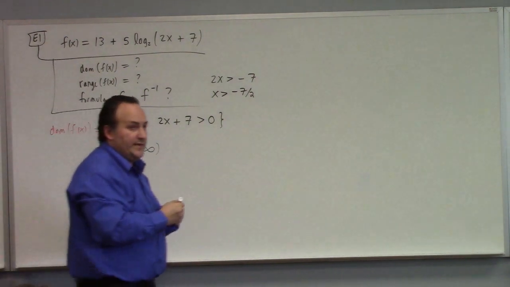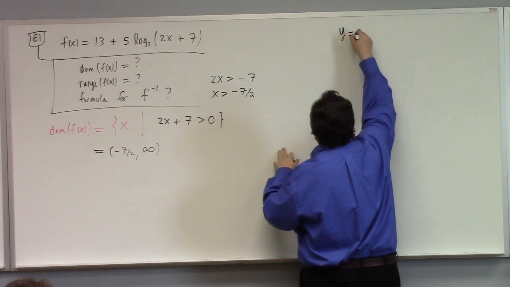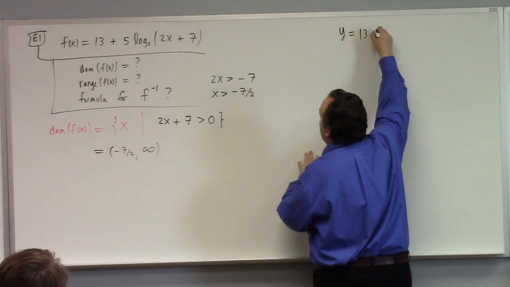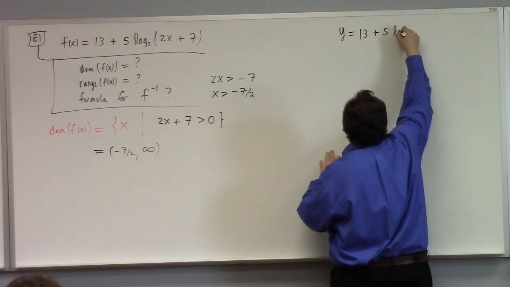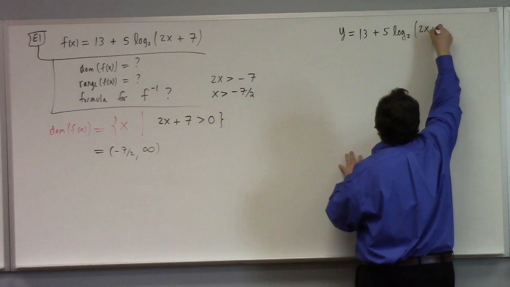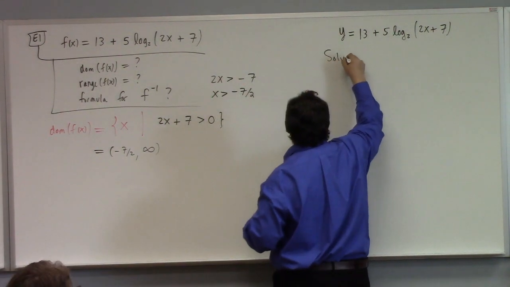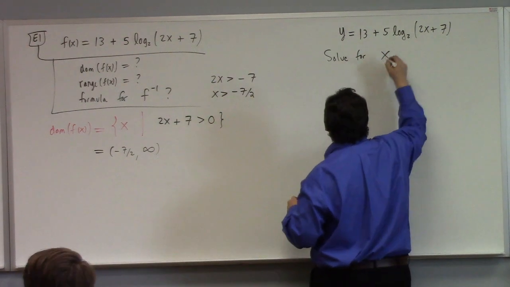So to find the inverse, we put y equals the formula, which in this case is 13 plus 5 log base 2 of 2x plus 7, all right? Now my goal is to solve for x.